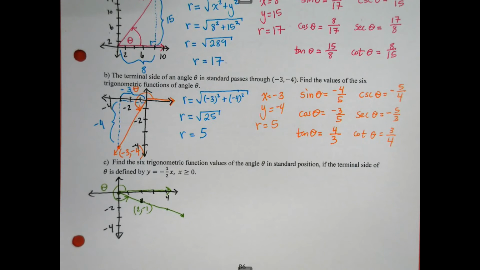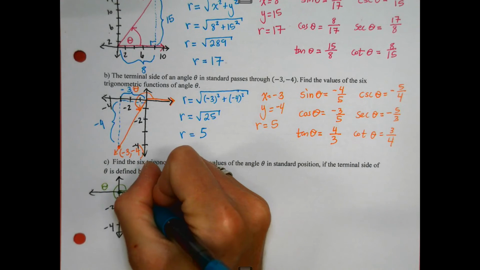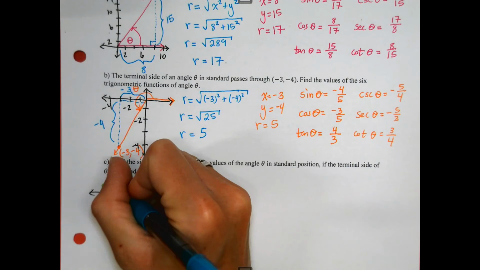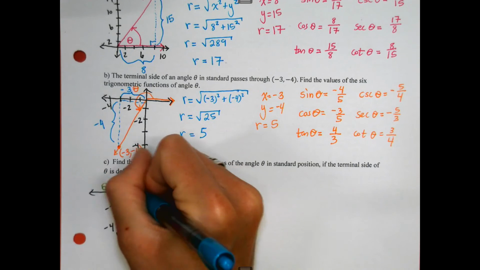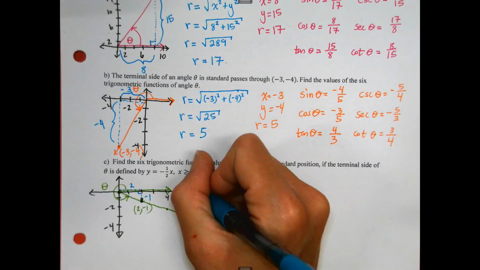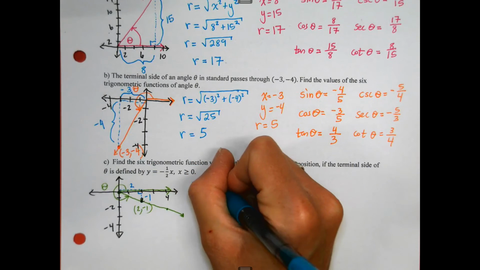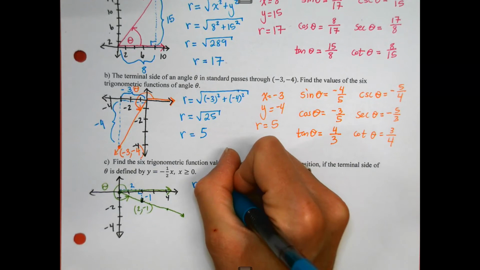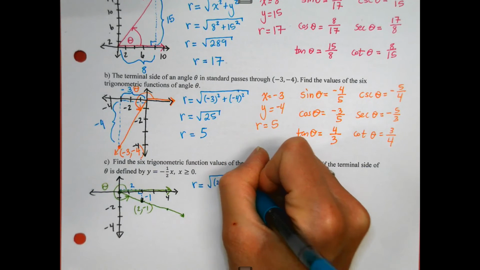Again, we are going to need to find our x and our y. If x is 2 and y is -1, r is equal to the square root of 2 squared plus -1 squared.